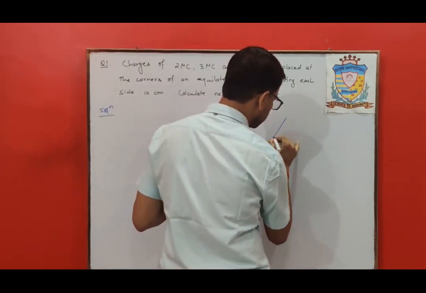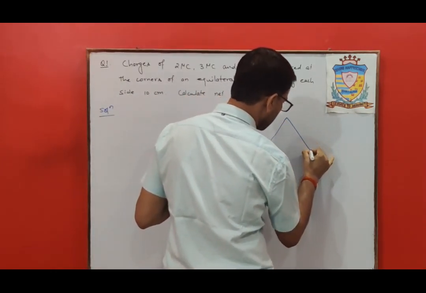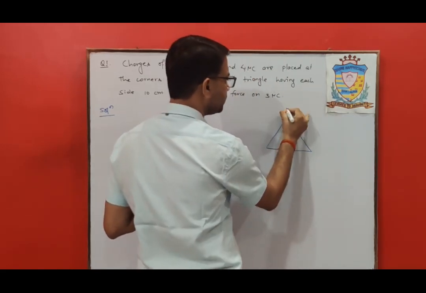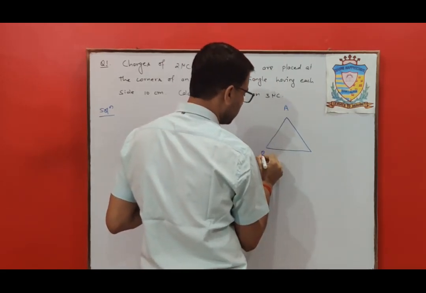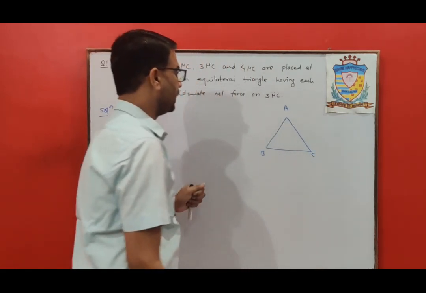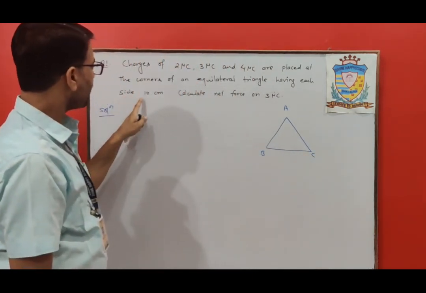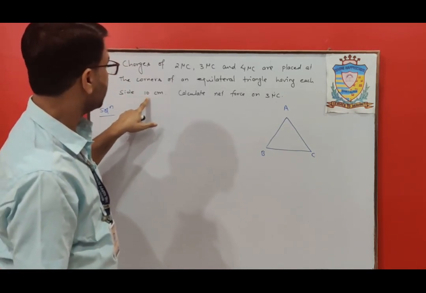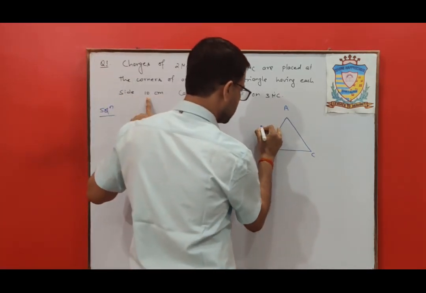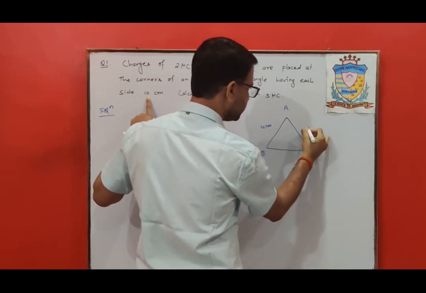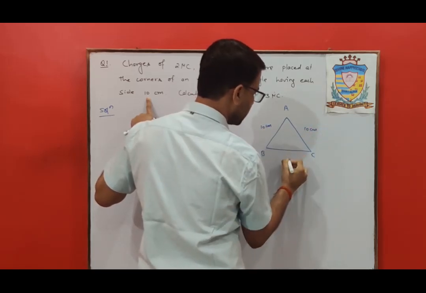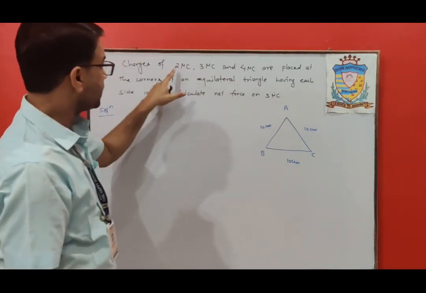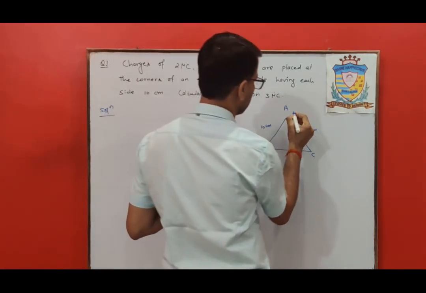So first we will draw an equilateral triangle having vertices A, B and C, and it is given that all the length of side is 10 centimeter. So 10 centimeter, 10 centimeter and 10 centimeter. Okay, and charges are 2, 3 and 4 microcoulomb.